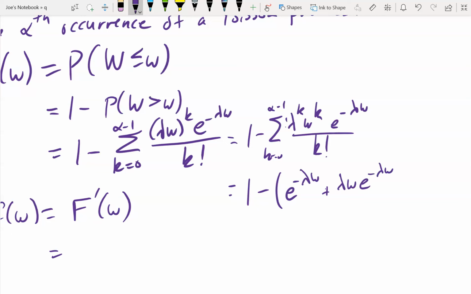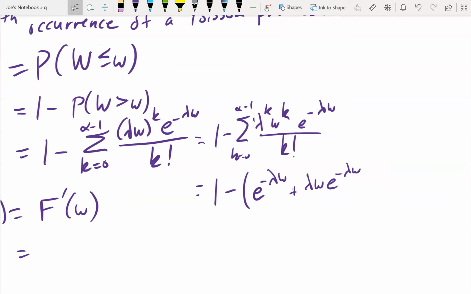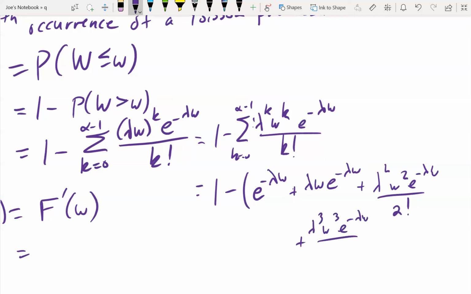The next one will be lambda squared w squared e to the minus lambda w over 2 factorial. Then we keep going up, lambda cubed, w cubed, e to the minus lambda w over 3 factorial.